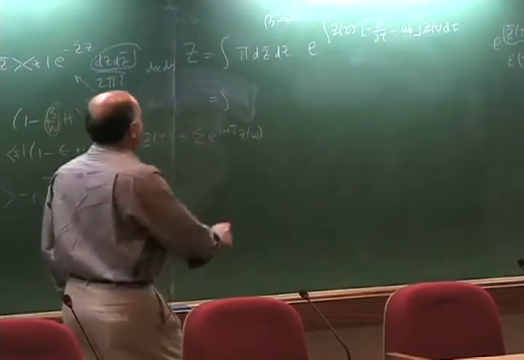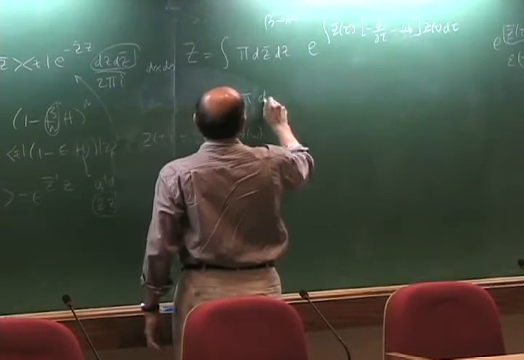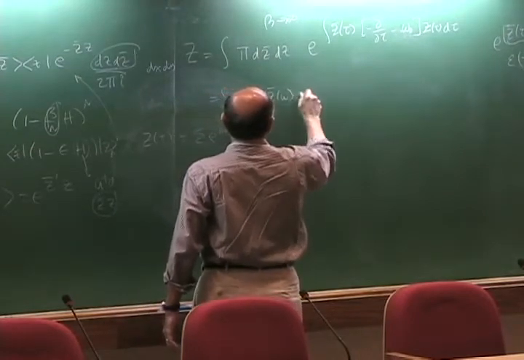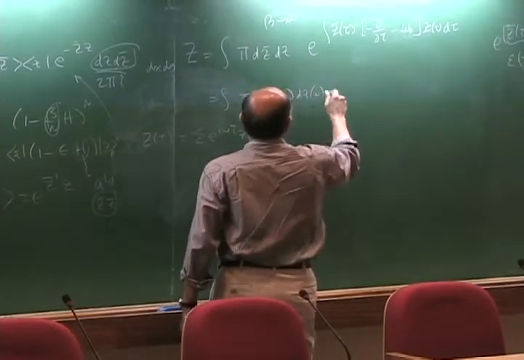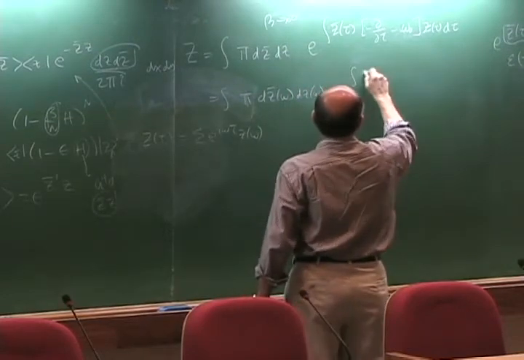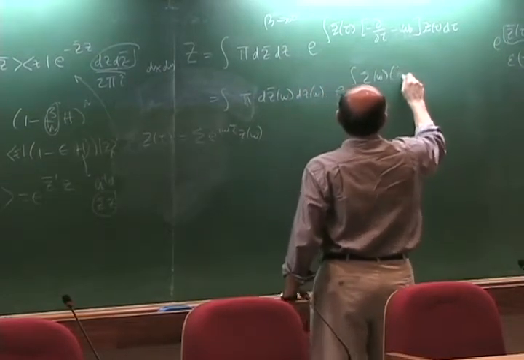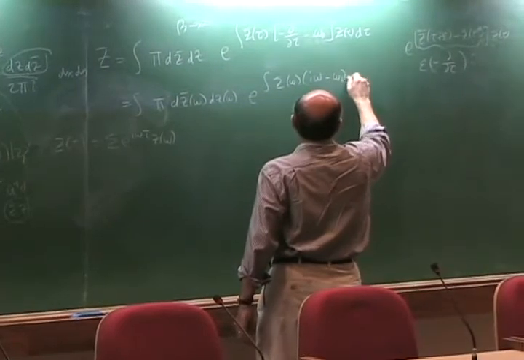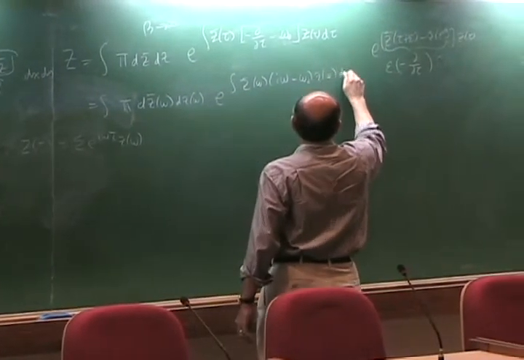Imagine if you've done the Fourier transform, then you will have dz bar omega, dz omega, then e to the z bar omega, I omega minus omega naught, g of omega.